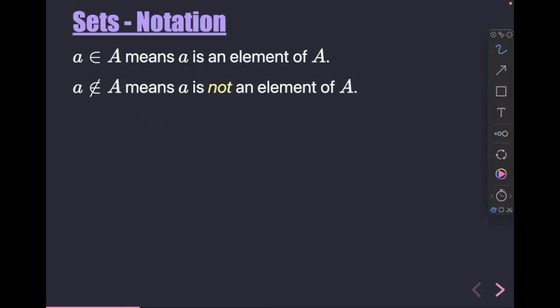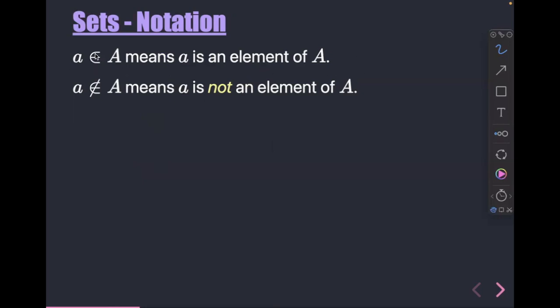Another type of notation you might see is sometimes called "is an element of," or just the "in" notation, and it looks like a curly brace with a line through the middle. Basically it means that something is an element of a set.